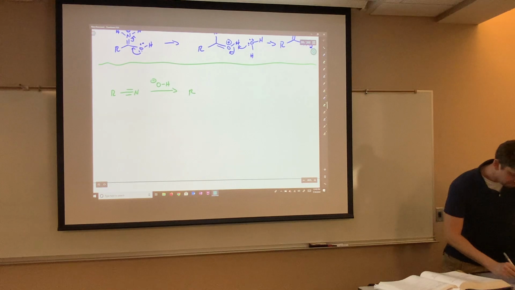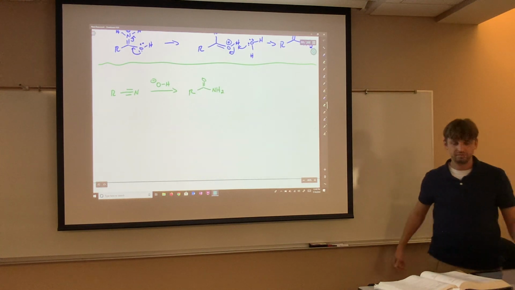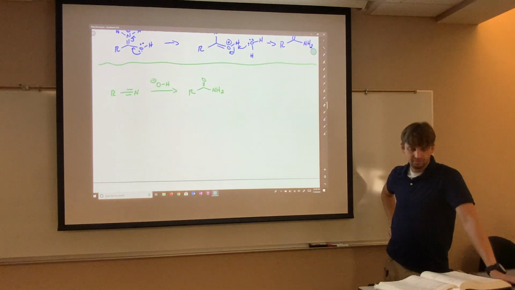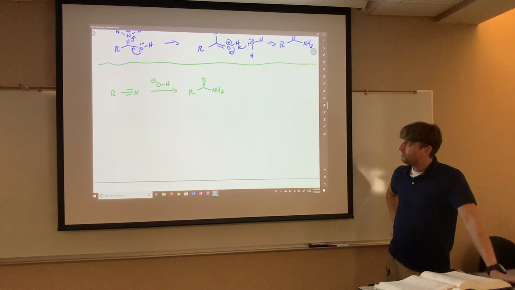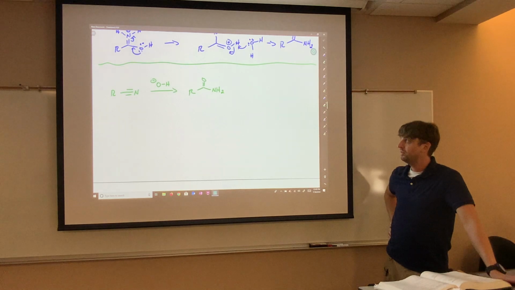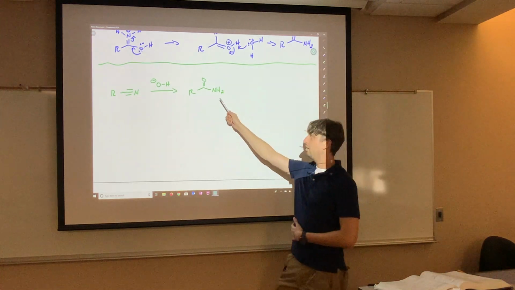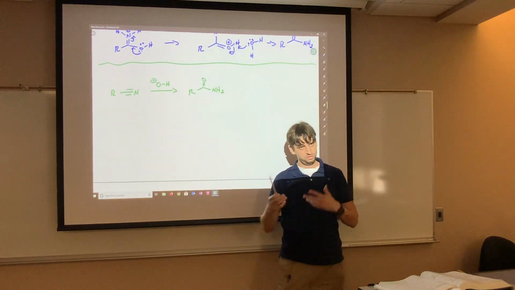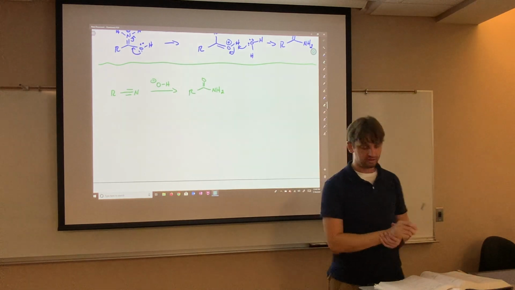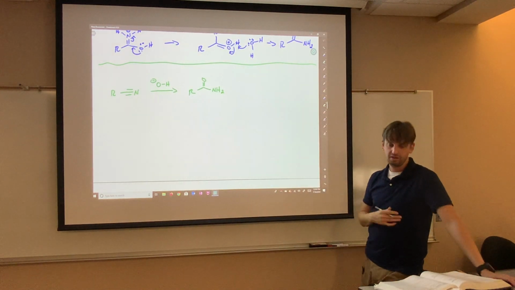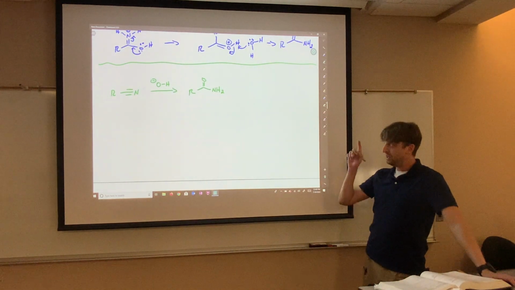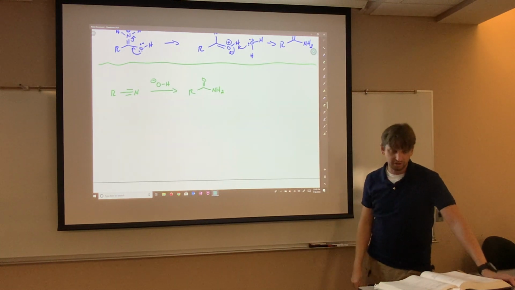Well, same thing. And then we think about the same situation again, right? We have an amide under basic conditions. We could, in theory, go on to hydrolyze this all the way down to the carboxylic acid, right? But in the meantime, let's just look at this mechanism.